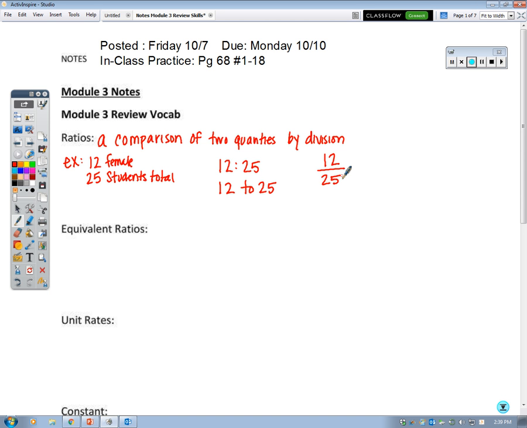Equivalent ratios, our next definition here, you can think of as equivalent fractions. They are ratios that name the same comparison.